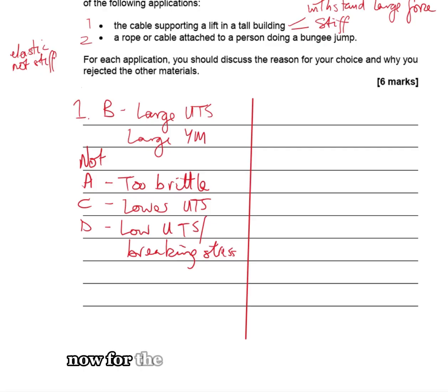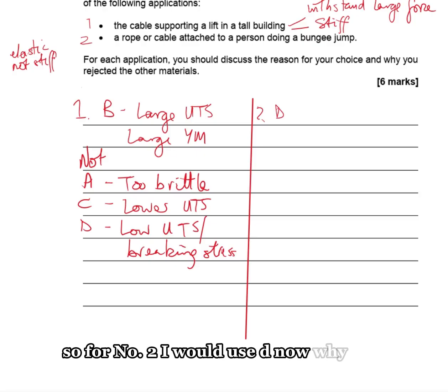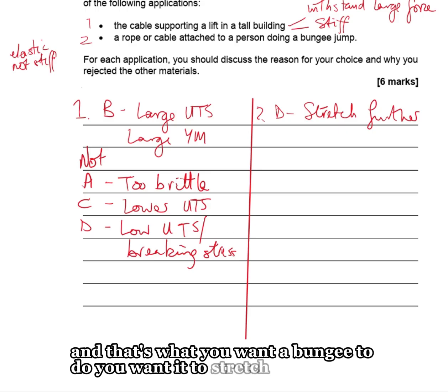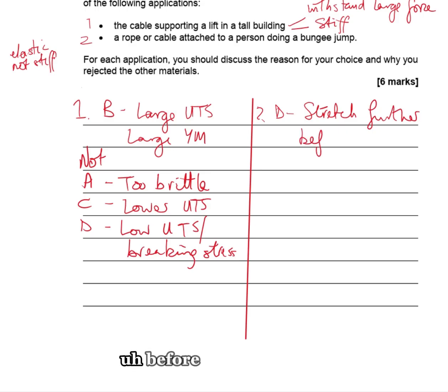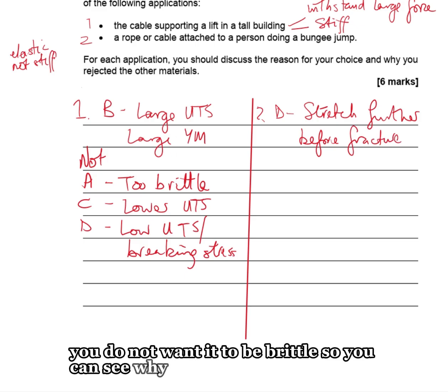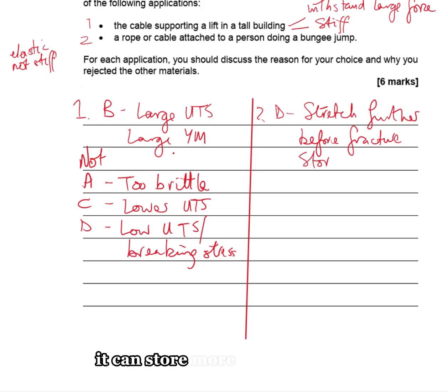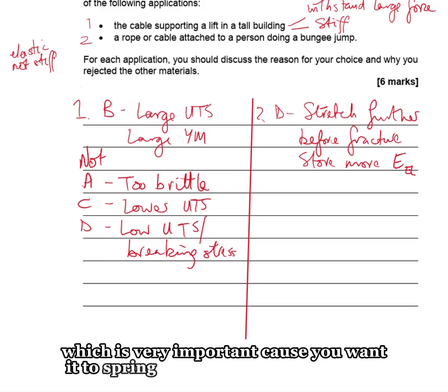Now for the rope, for number two, I would use D. Why is it D? Because it can stretch further, and that's what you want a bungee to do. You want it to stretch before fracture. You do not want it to be brittle. And because it can stretch further, it can store more elastic energy, which is important because you want it to spring back up.